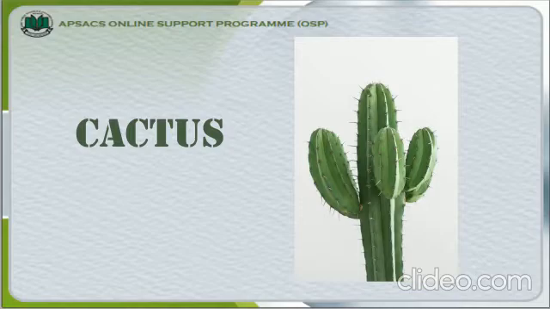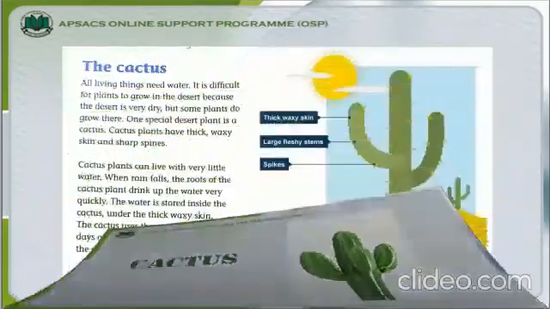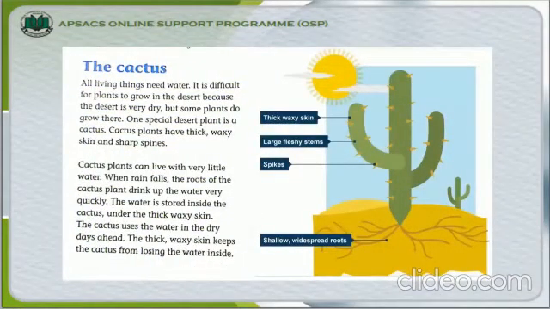I want all of you to open your book and turn to page number 38. The cactus. All living things need water. It is difficult for plants to grow in the desert because the desert is very dry, but some plants do grow there. One special desert plant is a cactus. Cactus plants have thick, waxy skin and sharp spines.